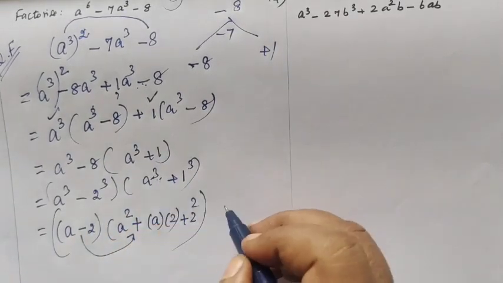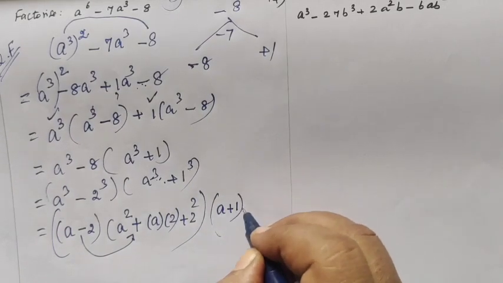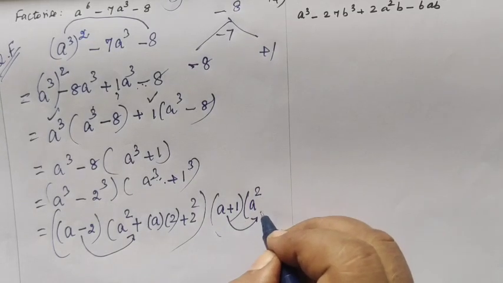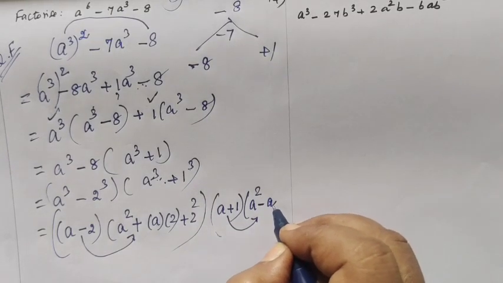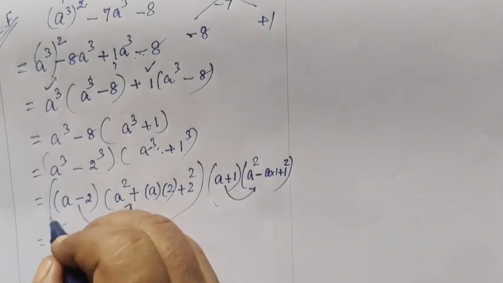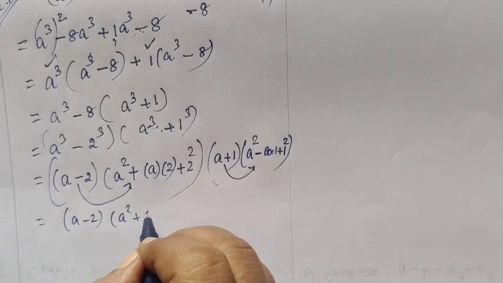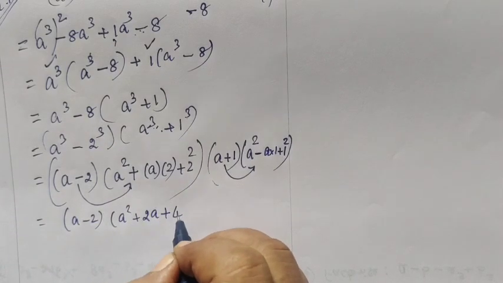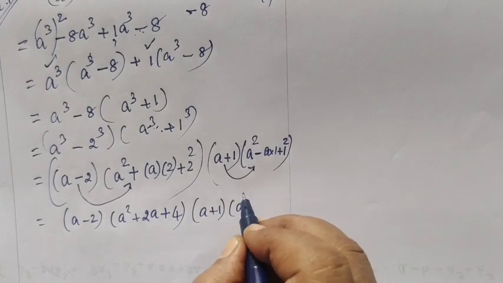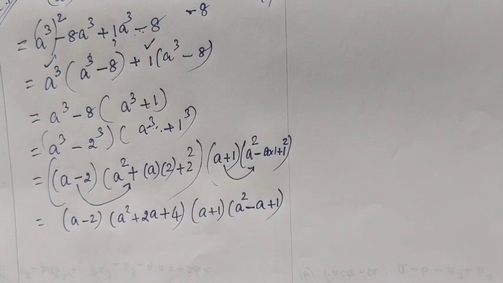Then another one, a cube plus 1 cube: a plus b, then a squared, plus means minus, minus ab plus b squared. So simplifying: a minus 2, a squared plus 2a plus 4, then a plus 1, a squared minus a plus 1.